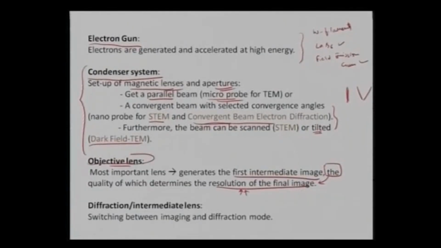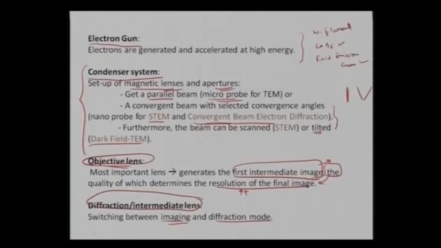Once I am able to control the beam, that is good enough, but the objective lens is the one which collects the information from the specimen, and since it also creates the first intermediate image, it is a very critical factor in deciding the overall resolution of the final image. In between, I can have diffraction or intermediate lenses, either for diffraction mode or imaging mode, because they are formed at different locations.